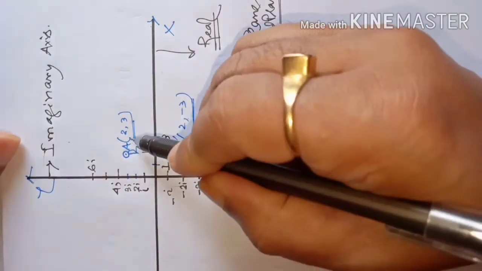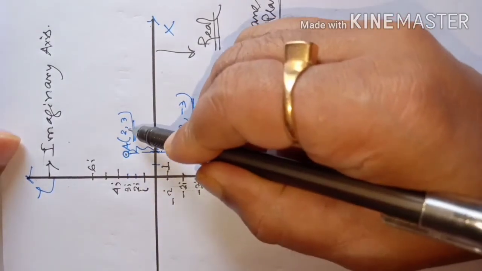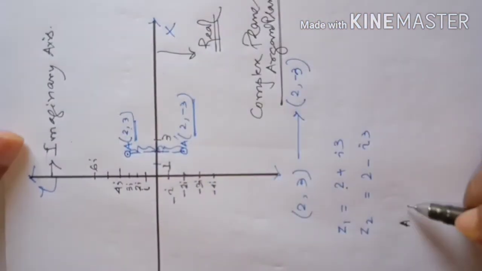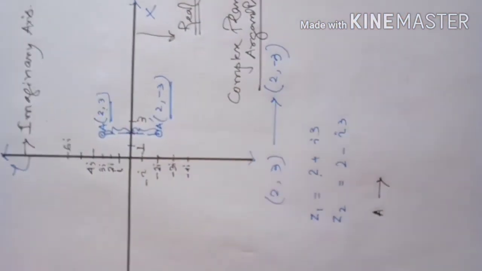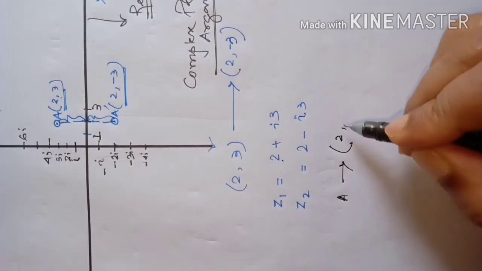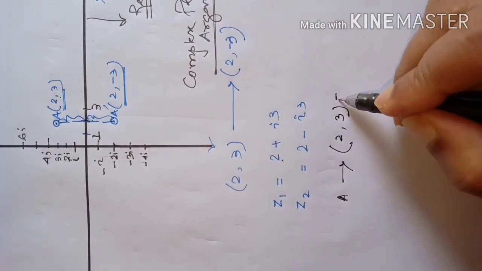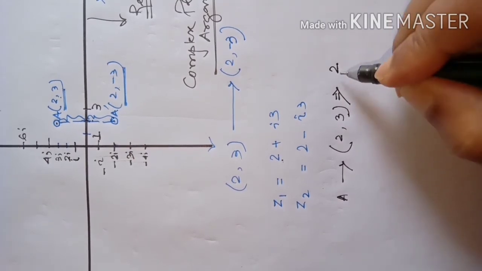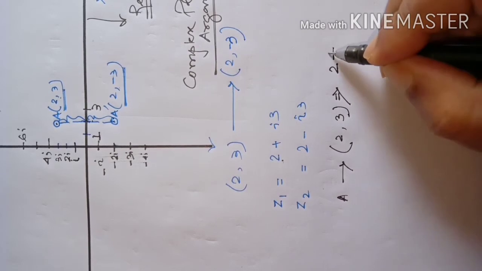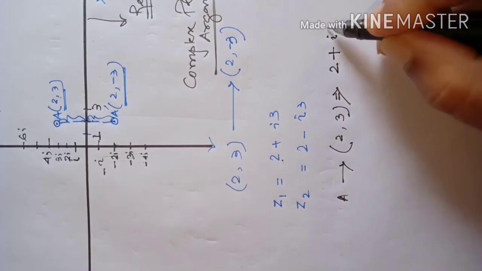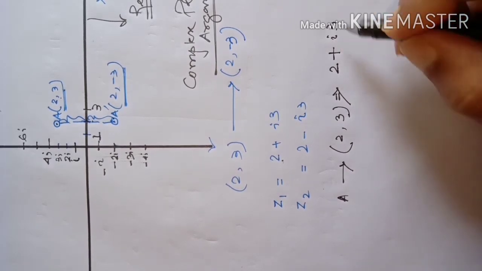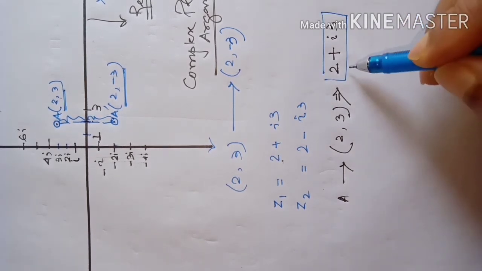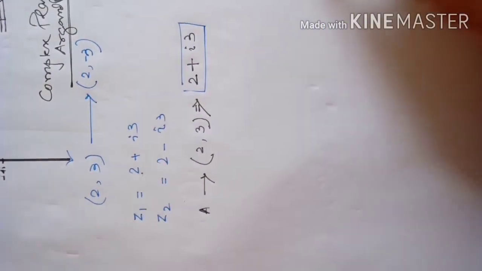Now when a point is marked like this, 2, 3, it will be understood that this point A in the Argand plane, which is shown as 2, 3, represents a complex number whose real part is 2 and imaginary part is iota 3, meaning 3 iota. Got the idea? So this is the complex number 2 plus 3 iota, or 2 plus iota 3.